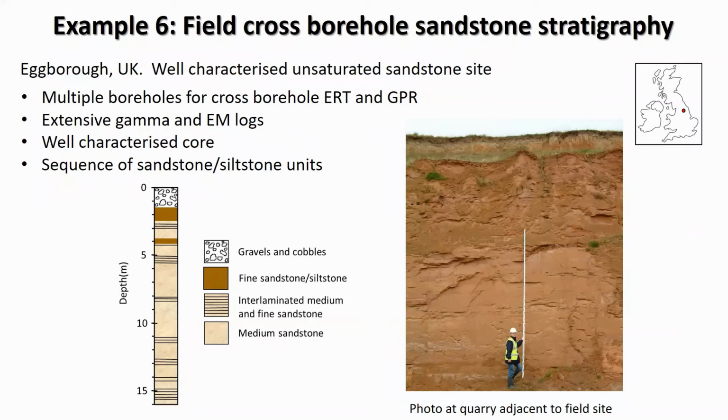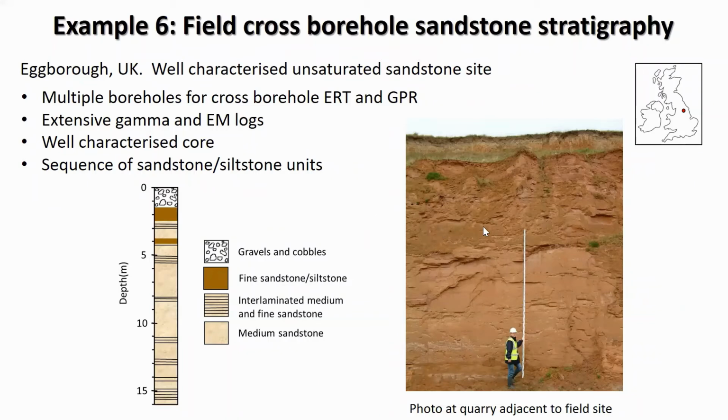We've been interested in how this layering has an impact on recharge processes to the water table, and ultimately how the transport of potential contaminants near the surface can move through to the water table.